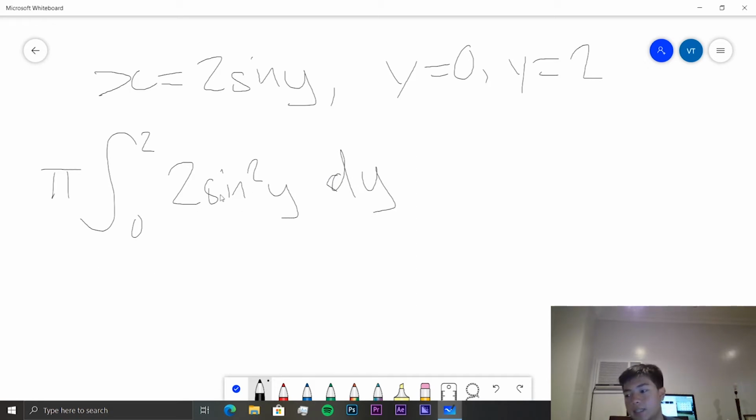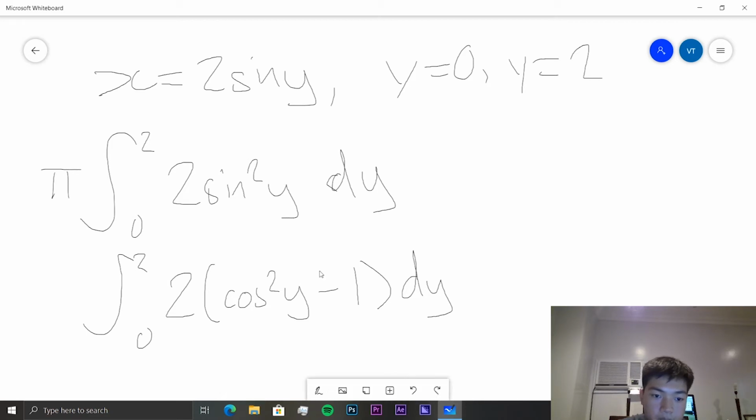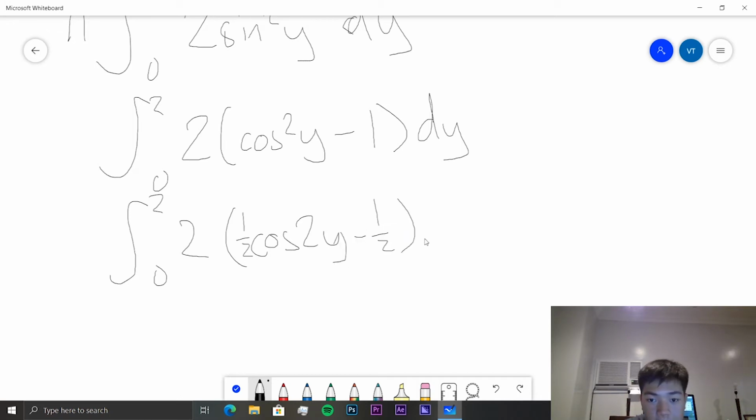What identity can we use here? So we can definitely use the fact that this is equal to the integral from 0 to 2 of 2 times cosine squared y minus 1 dy. So this is equal to the integral from 0 to 2 of 2 times 1/2 cosine 2y minus 1/2 dy.